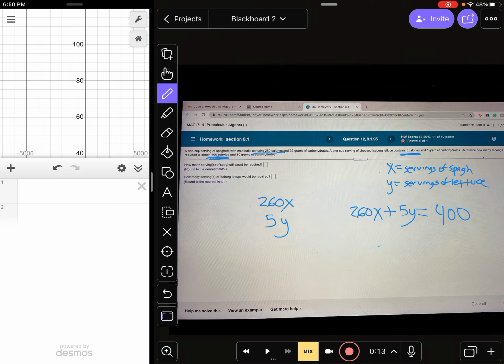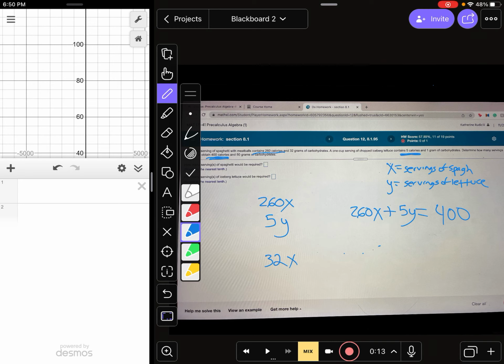I can also set up another equation because it also gave me some more information. It said there's 32 grams of carbohydrates per serving in the spaghetti. So I can set that equation up. I can go 32x, 32 grams of carbohydrate per serving of spaghetti.